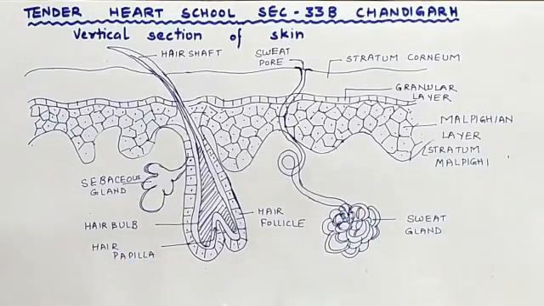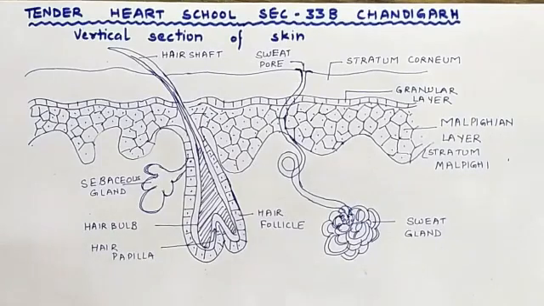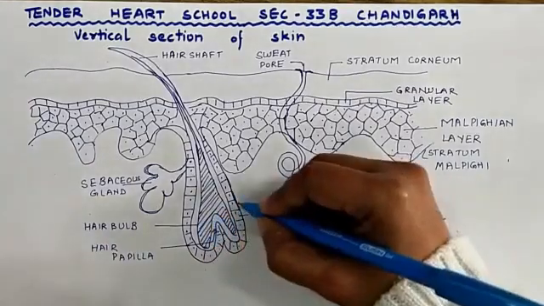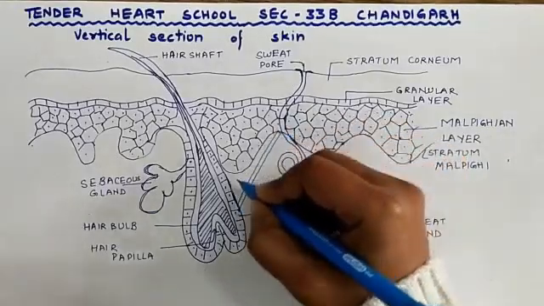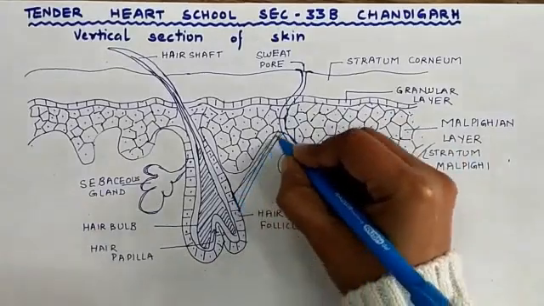Hair papilla. Now the hair is causing piloerection at times, goose flesh. That is, it becomes vertical to the surface of the skin. That is because of the contraction of erector muscle. So erector muscle you can draw. It is connecting the base of the hair to the other side.